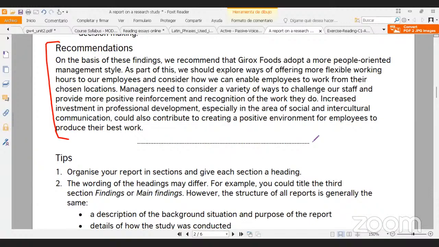Managers need to consider a variety of ways to challenge our staff and provide more positive reinforcement and recognition of the work they do. Increased investment in professional development, especially in the area of social and intercultural communication, could also contribute to creating a positive environment for employees to produce their best work.